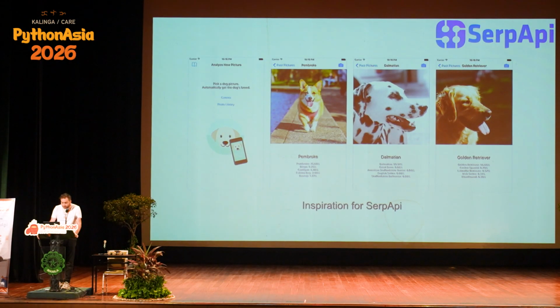SerpAPI was started by Julian Callaghy in 2017. Julian was working on various machine learning applications, trying to get them to run on his iPhone just for fun. But what he found was that the process of acquiring pictures for his applications was taking up the vast majority of his time.